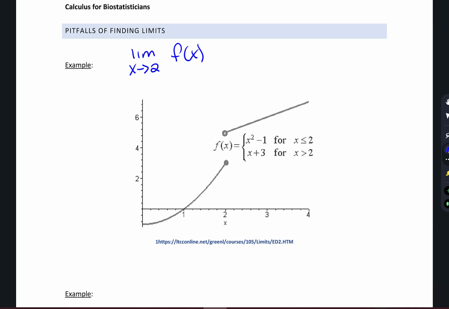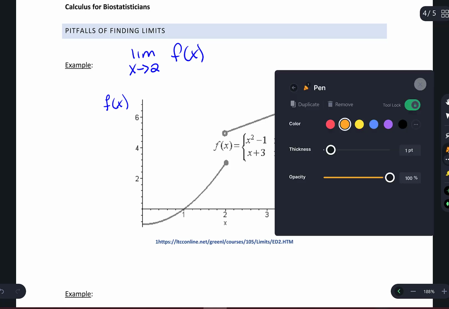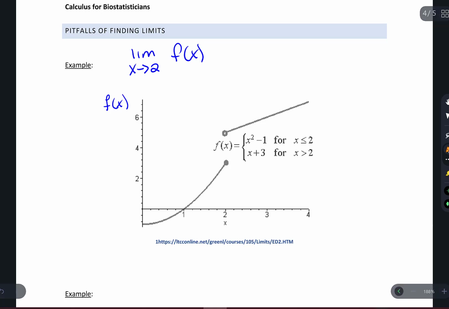So notice that this function is split into 2 pieces. It's defined for when x is less than or equal to 2, and it's defined for when x is greater than 2. And so here's what that plot would look like, and here on the y-axis we have f of x. So again, we're interested in looking at the limit as x approaches 2.